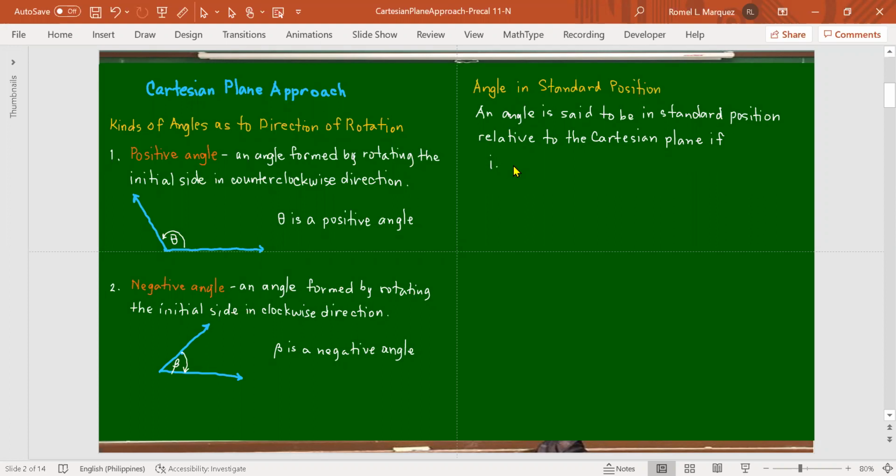Number one, the vertex of the angle is located at the origin.